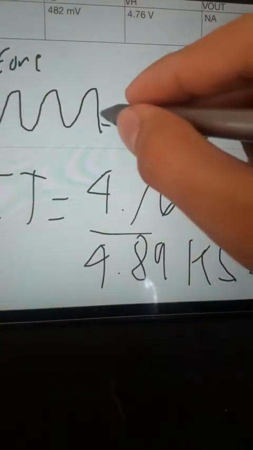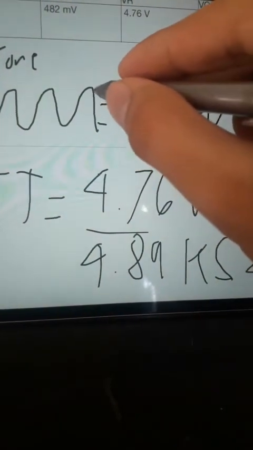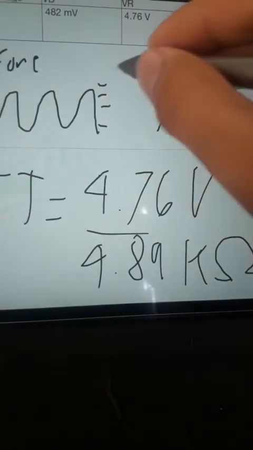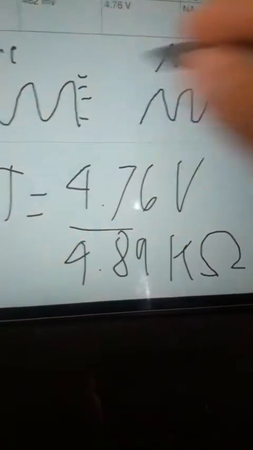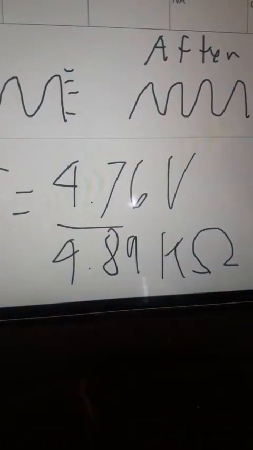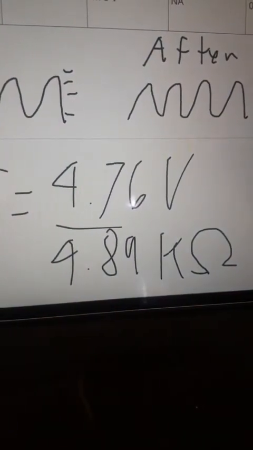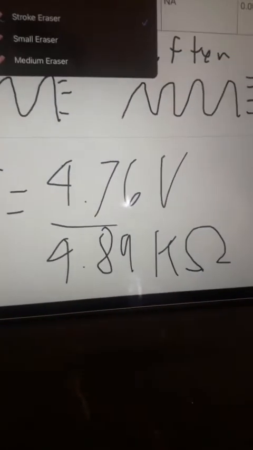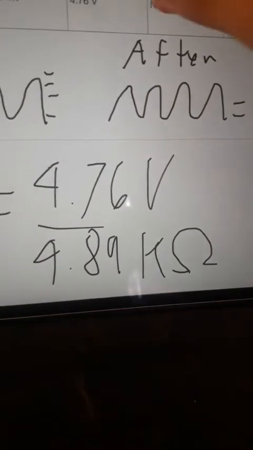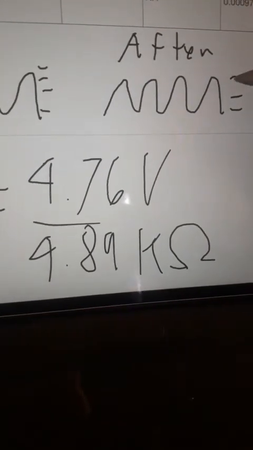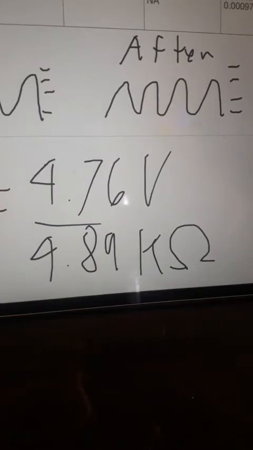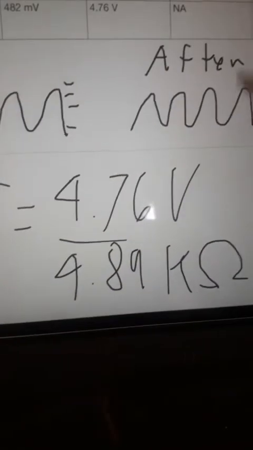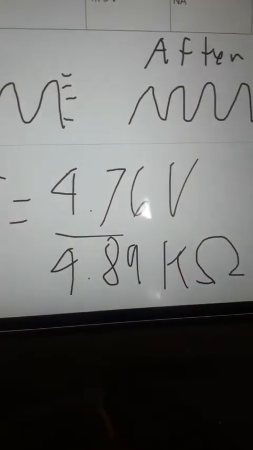So let's imagine these are the lines. Yes, these are the lines, and there we go. This guy is at a half, and this guy is somewhere here. Yeah, this guy is higher.